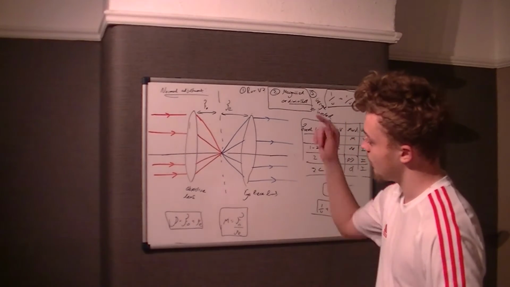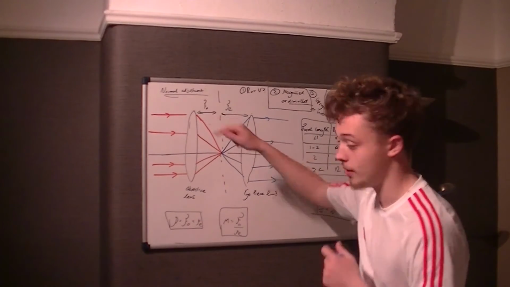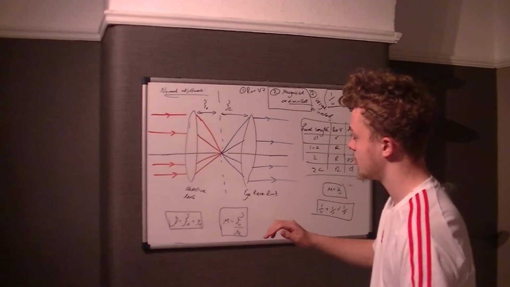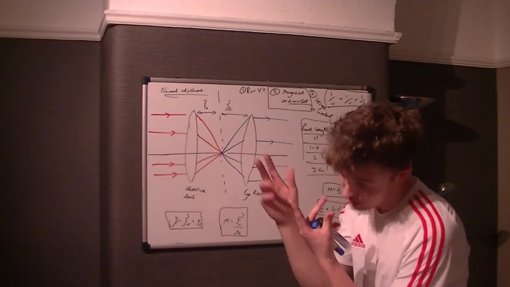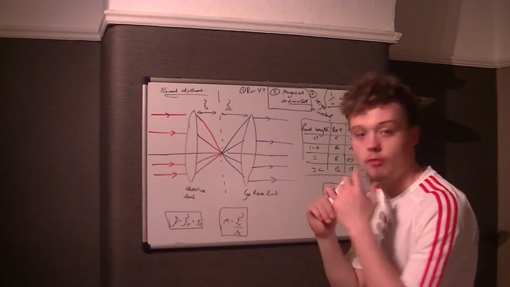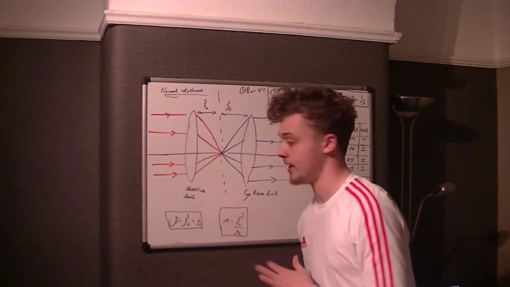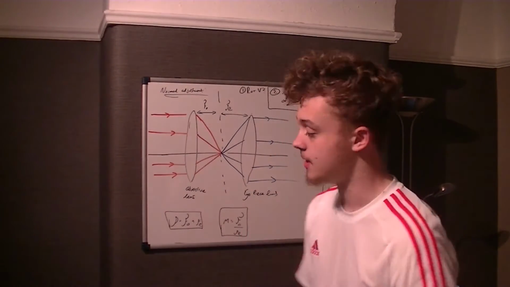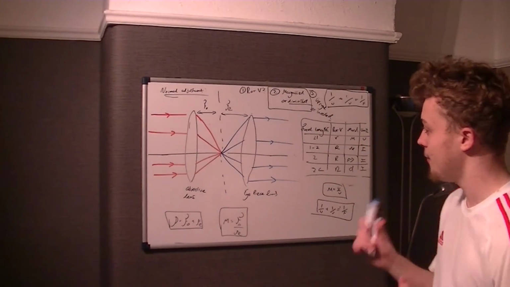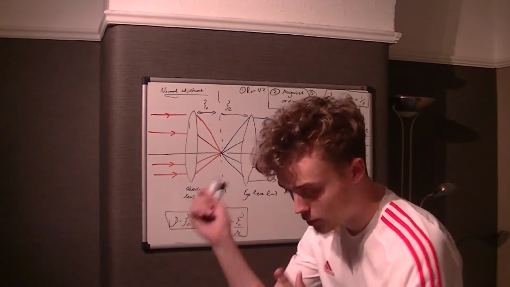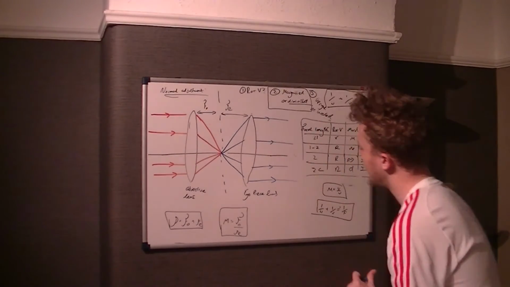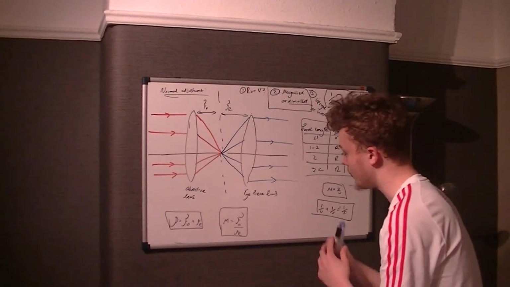What I've labelled here is FO, and that's not a coded message, although you might want it to be. It's just the focal length of the objective lens, which is the first convex lens the light hits. And Fe is not iron, unfortunately, for those chemistry plebs. It's the focal length of the eyepiece lens.